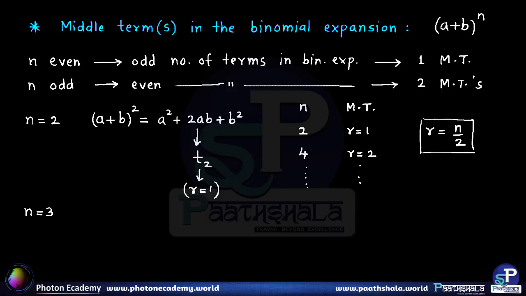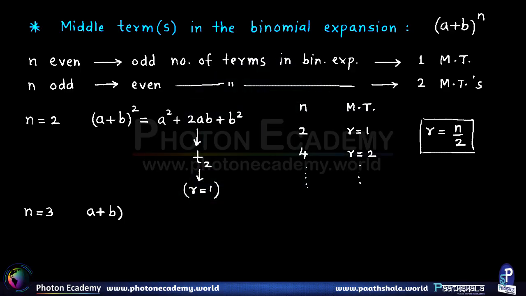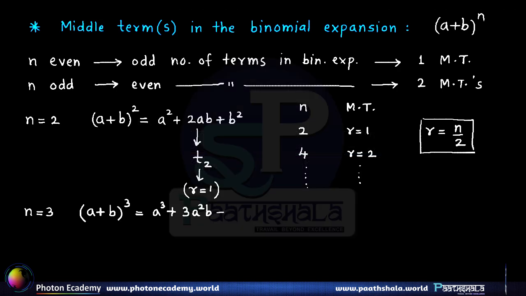Now let's generalize about what happens when n is an odd number. So let's say we are talking about n equal to 3. So that means it is nothing but a plus b whole cube, and we know that it is equal to a cube plus 3a square b plus 3ab square plus lastly b cube.